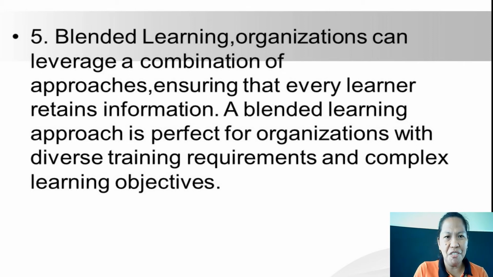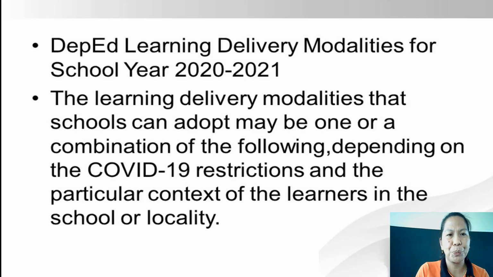Number 5, blended learning. Organizations can leverage a combination of all approaches, ensuring that every learner retains information. A blended learning approach is perfect for organizations with diverse training requirements and complex learning objectives.